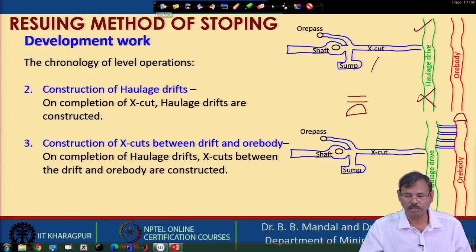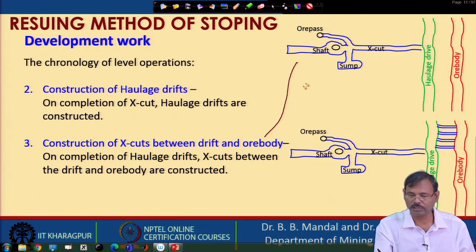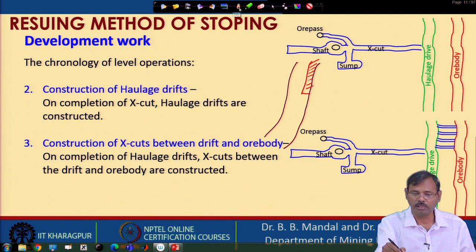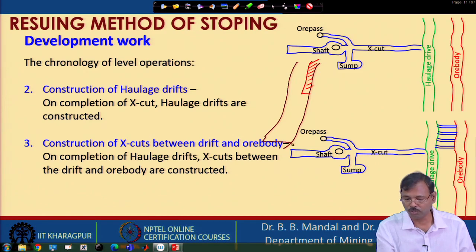So, if we look into the section, this is our total excavation zone, this is our ore body, and if you consider this is our lower level, these are the ore chutes, these are the ore chutes made.